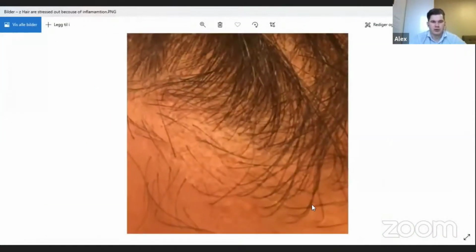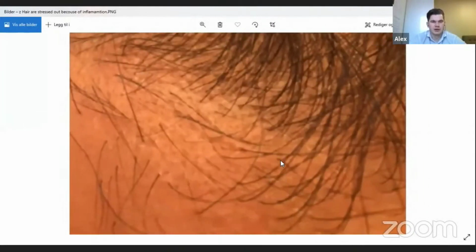And here I want to show a picture. This is not a picture of me, but of one of the guys in the program. He took a close-up picture of how his scalp was looking because he was having scalp inflammation and itchiness. I want to show you how stressed hair follicles look. You can see there are bulbs around the hair follicles.